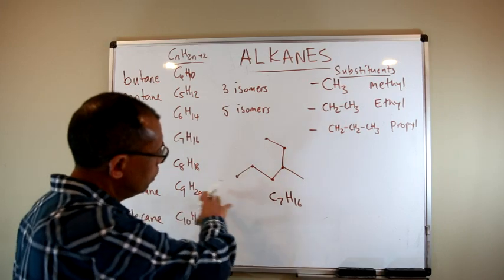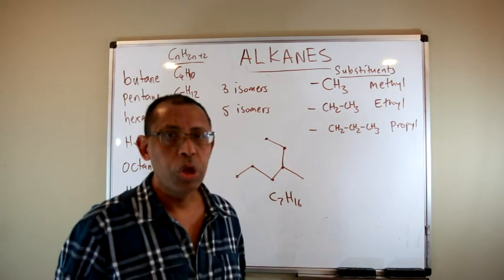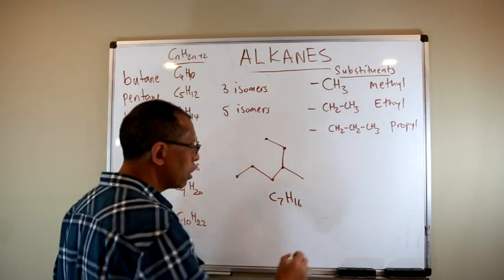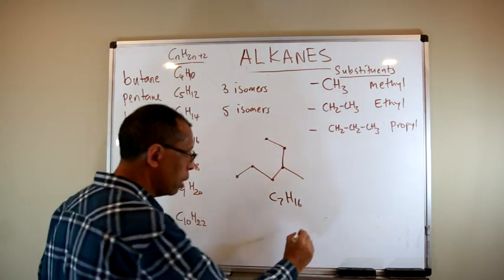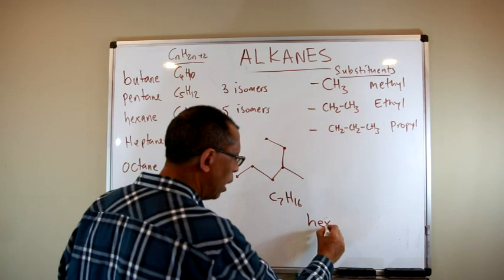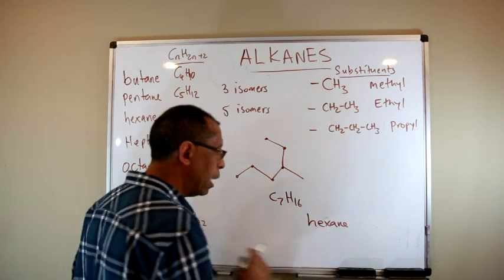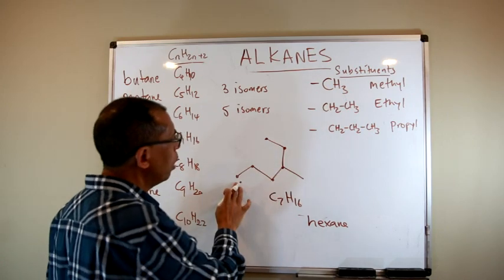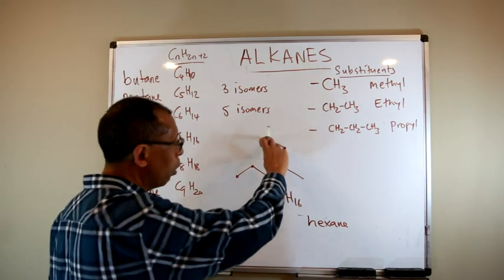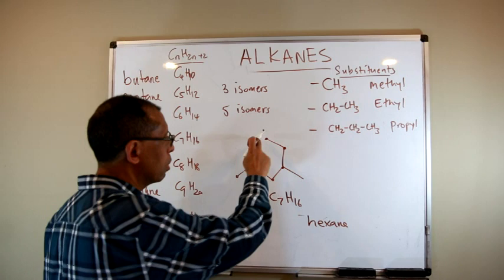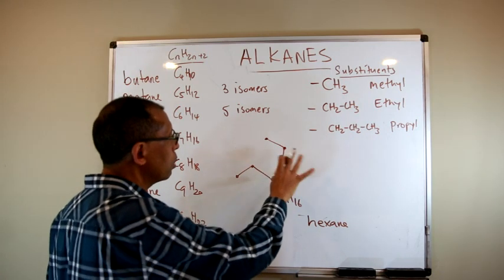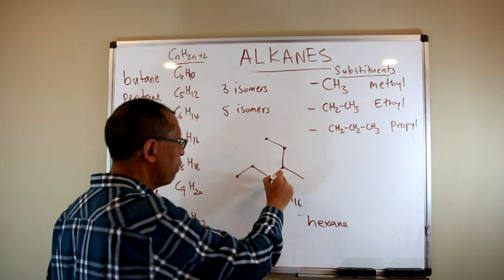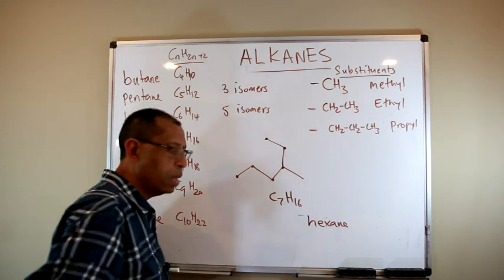The chain is 6 carbons, so the base for this naming would be hexane. Don't make any mistake, because this is the longest straight chain in this hydrocarbon. So this is carbon 1, 2, 3, 4, 5, 6.